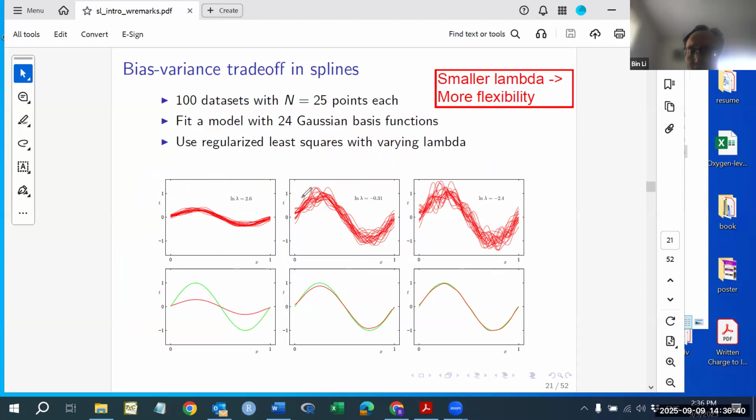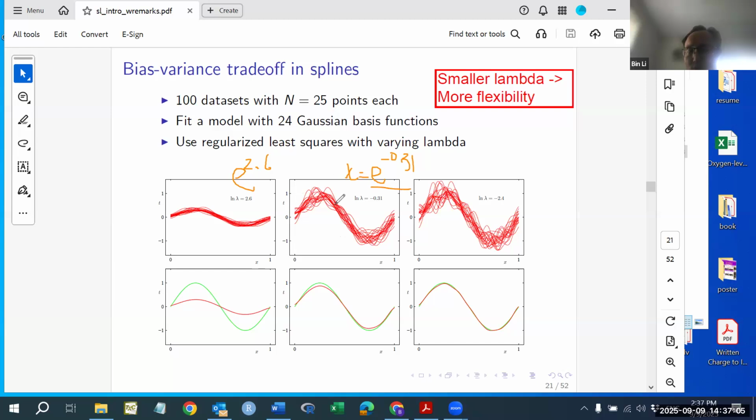Okay, now I reduce the lambda to a smaller value. So lambda now becomes the exponential of negative 0.31. For this one it is the exponential of 2.6, but for this one it is the exponential of negative 0.31, which is much smaller.